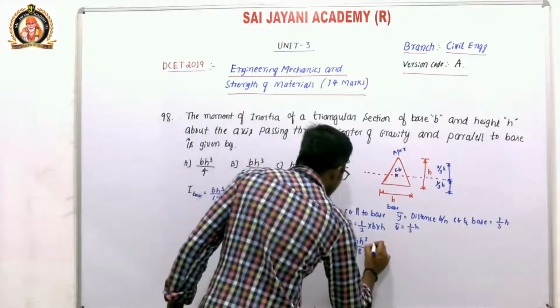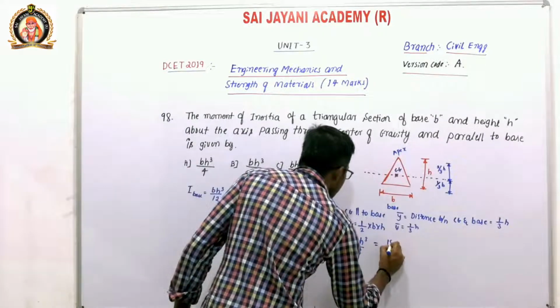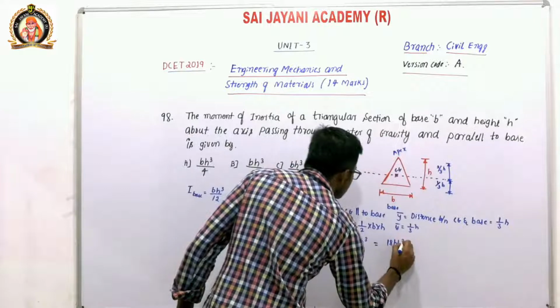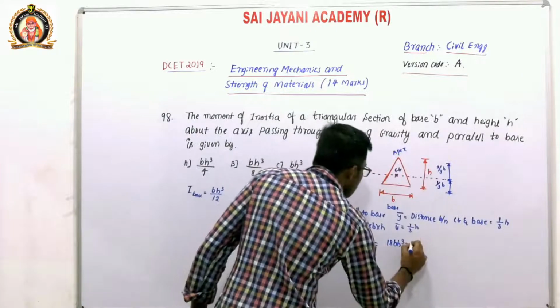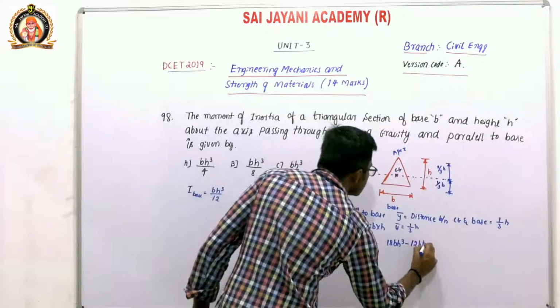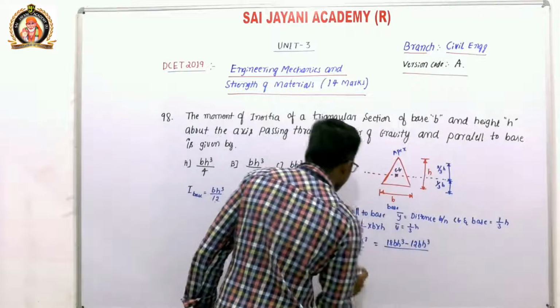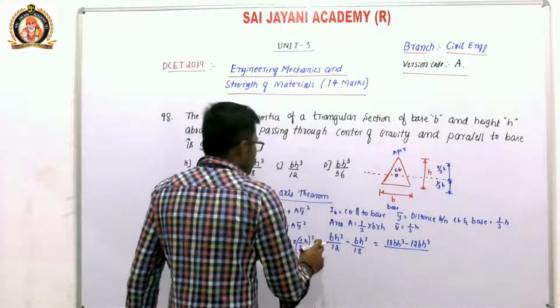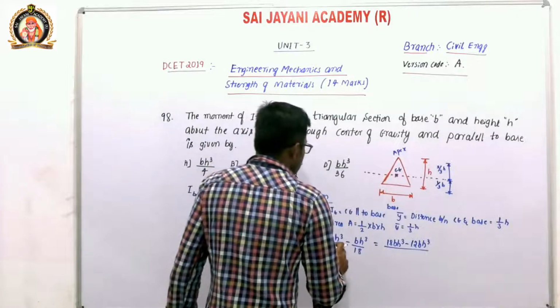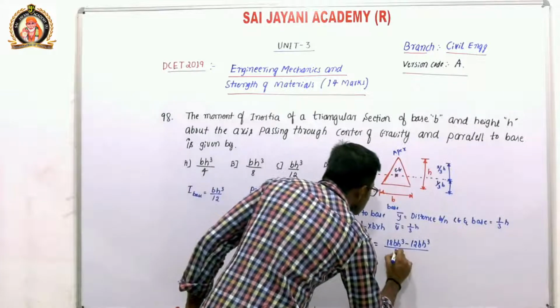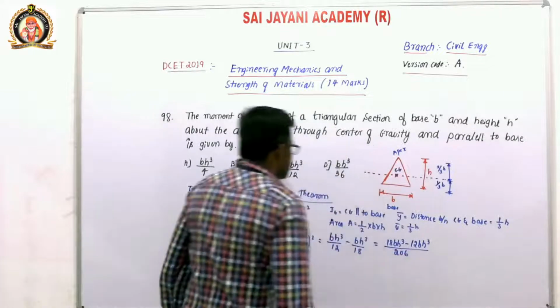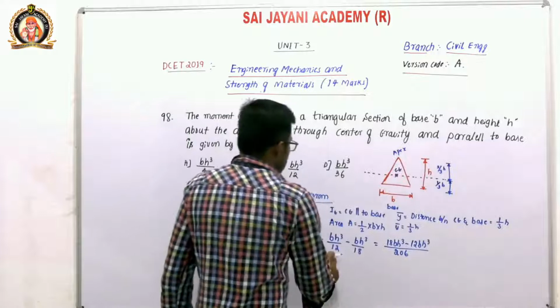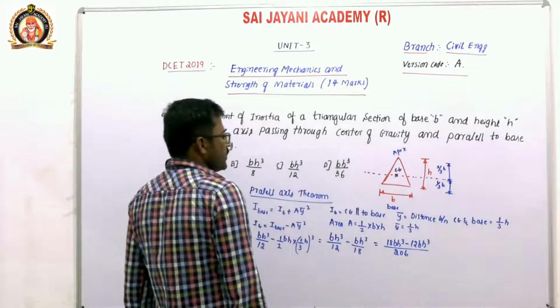On simplification, 18 BH cube minus 12 BH cube divided by 216.